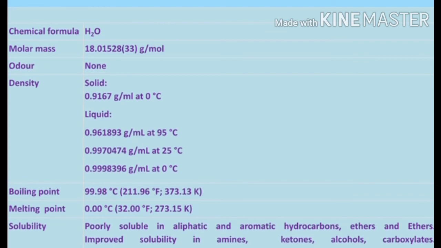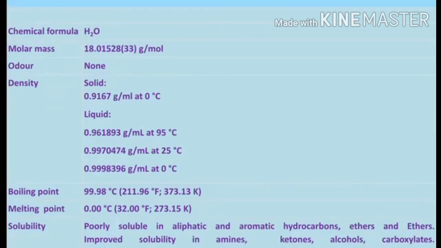At 25 degrees Celsius, density of liquid water is 0.99704 gram per ml. At 0 degrees Celsius, density of liquid is 0.9998 gram per ml. Boiling point 99.98 degrees Celsius. Melting point 0 degrees Celsius.